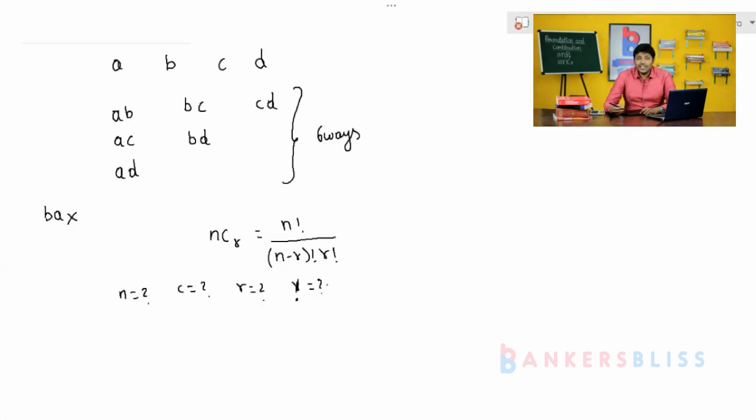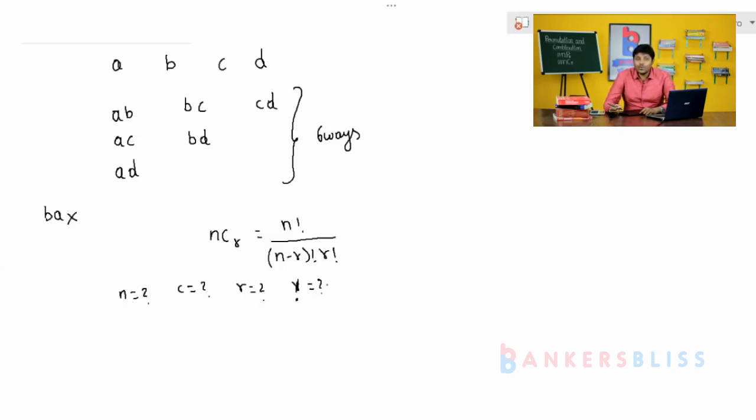Next, what do you mean by n? n is the total population. For example, out of 4 people, I am selecting 2. So those 4 people are the total population, or the total group, or the total number of items. If I have 100 people and among those 100 I have to select 30, then 100 is the total population.